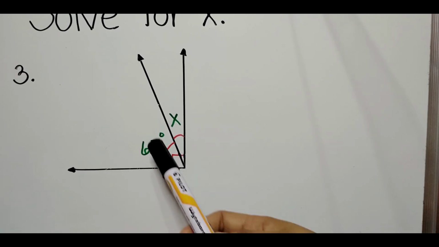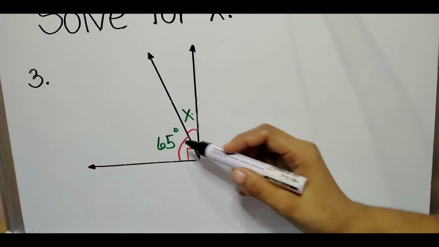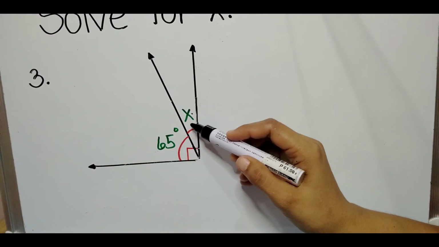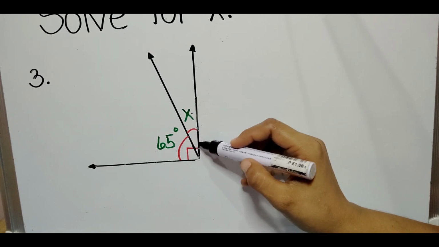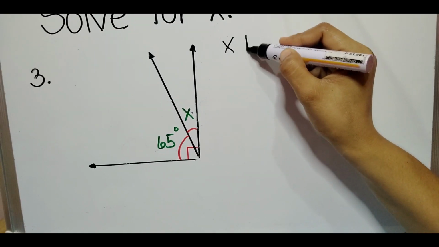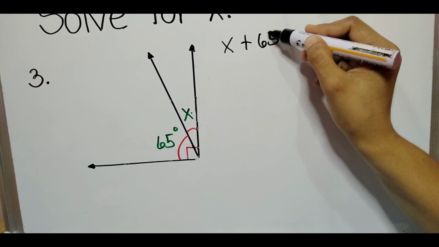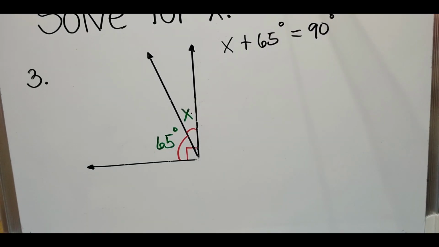So we can say that these two smaller angles are complementary angles. Since they are complementary, and thus their sum is 90 degrees, we can write the equation as x plus 65 degrees is equal to 90 degrees.